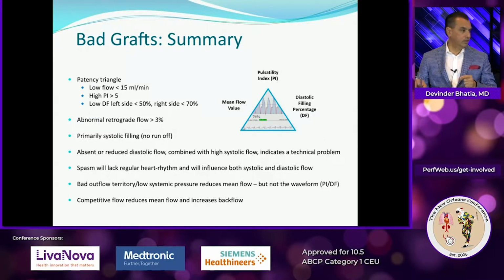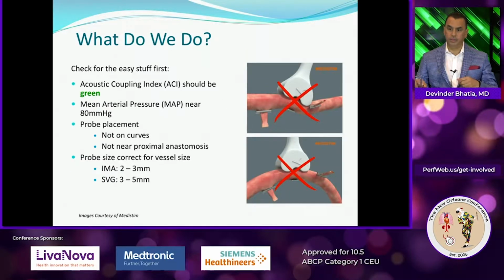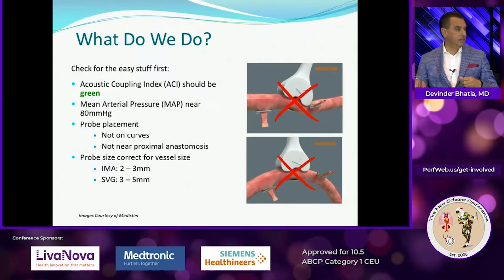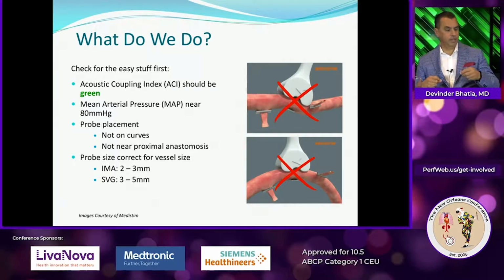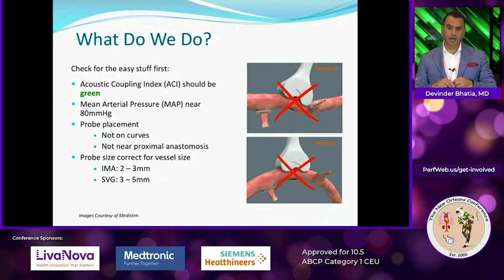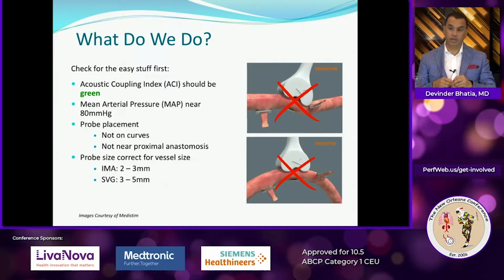It's not like you're going to close within a minute after you've finished all of these. We talked again, the acoustic coupling index should be in the green. Another important thing is that the mean arterial pressure needs to be near 80. So say you have a patient that you've done beautiful bypass grafts on and you're measuring with the flow probe, and the pressure is 70 over 45 with a low mean, which can happen.